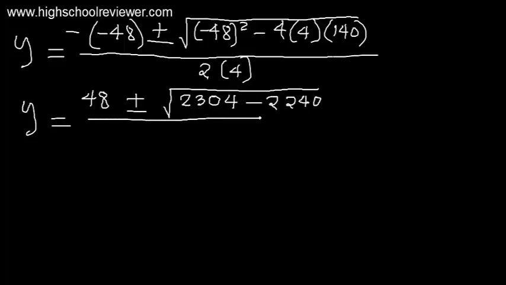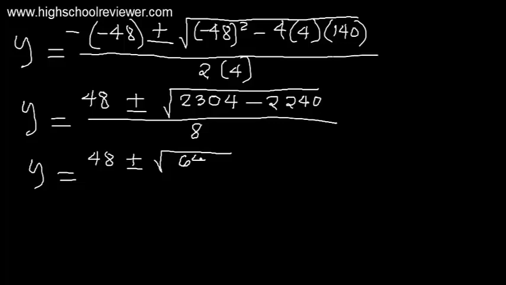So divide this by 2 times 4, that is positive 8. So our y here will be equal to 48 plus minus the square root of 2,304 minus 2,240, this will give us positive 64, and this will be divided by 8.